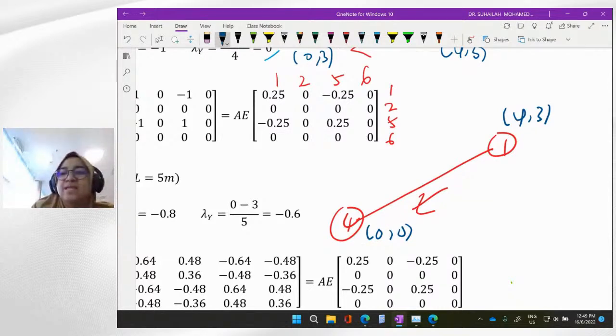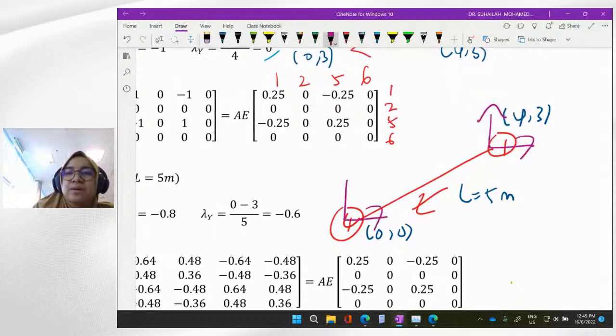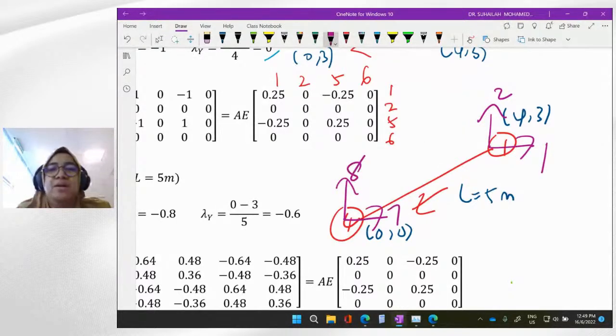The length is 5 meter. Degree of freedom is 1, 2, 7, 8. What else? Oh, coordinate done, origin done, DOF done, arrow done.